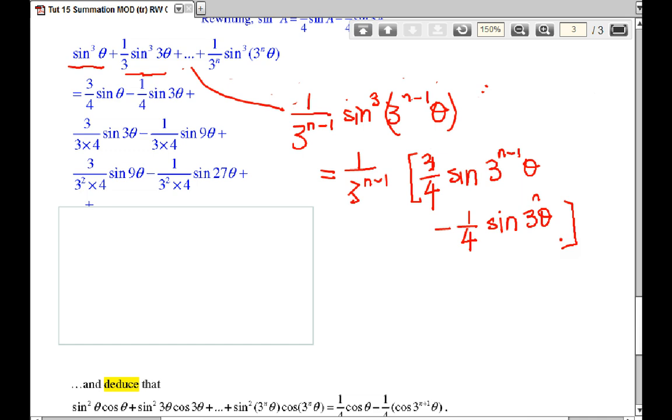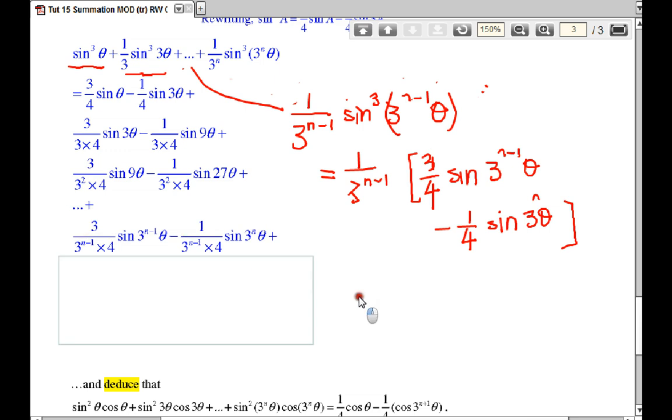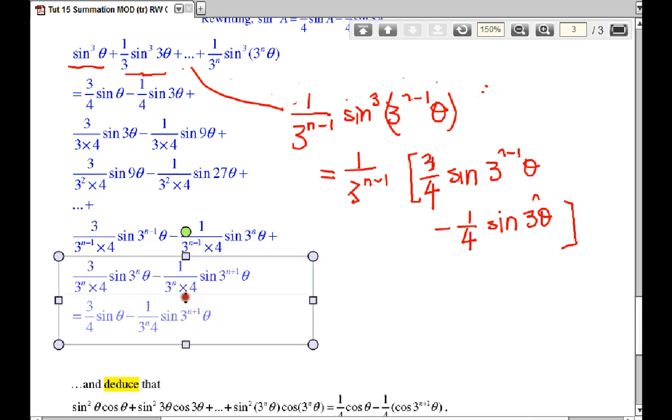Okay? Then you multiply this in, you will get the second last term, which is this. And you get the last term, which is this.